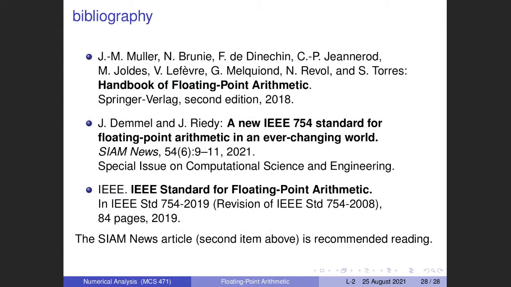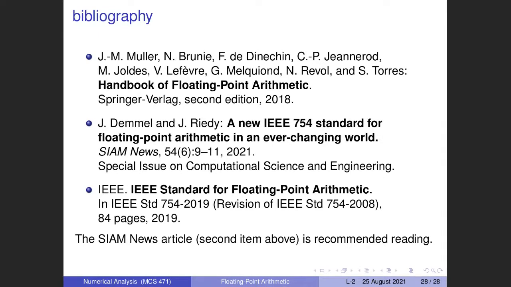All right, so I started with the definition for numerical analysis that I copied from SIAM News. So what is numerical analysis? You can also ask where these numerical analysts are and where to find them.